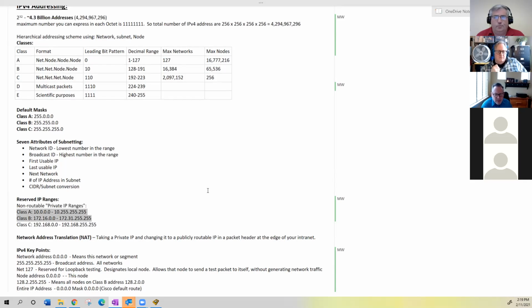Another point, and Peter, you spoke about this, is like, well, you got a fraction of a class B. Well, one of the bottlenecks is network address translation, translating from one of these private ranges to a public range. And so I think you put all of the students on a public range, right? Right. That range where you don't have to go through NAT.